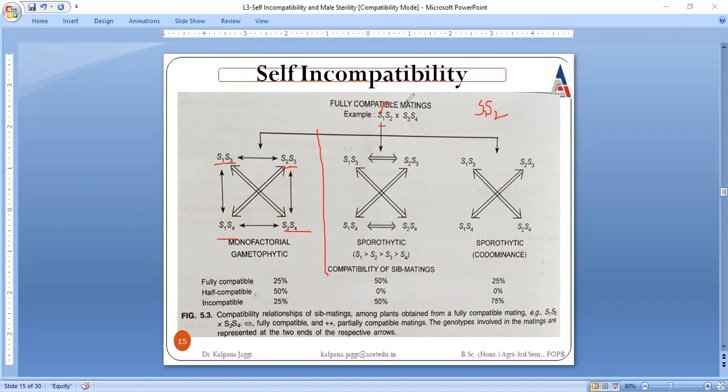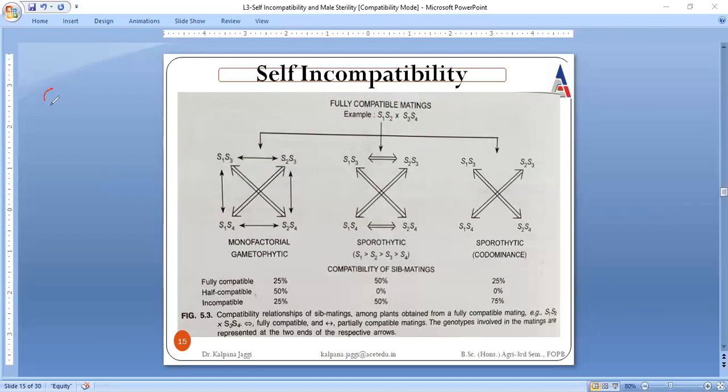This S1, S3 is the one pair. This one pair is once allowed to cross with S2, S3 and then it will be allowed to cross with S2, S4. Right? So this is S2, S3 and this is S2, S4. So these are the cases.